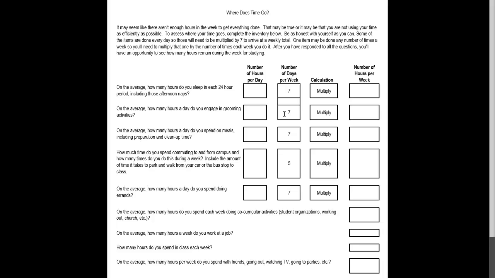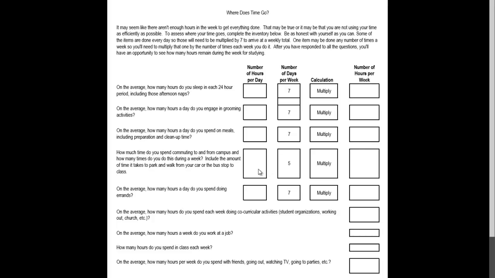Write that down there, multiply it by 7, put your answer right there in the box. Then, how many hours a day do you spend on meals, cooking, cleaning up, and things like that? Take those hours, multiply by 7, put that in the box.